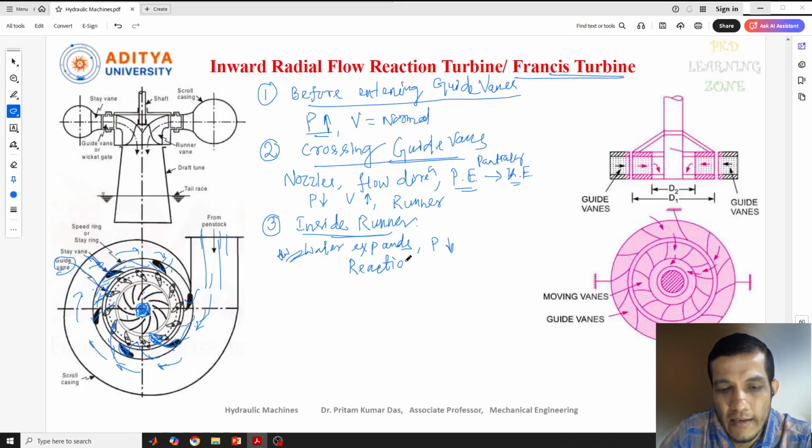This reaction force, which is created by the pressure difference, helps to rotate the runner, and it helps to rotate the shaft.